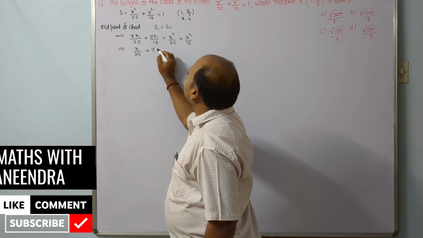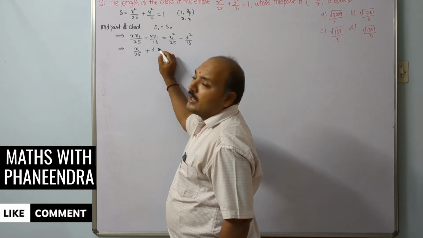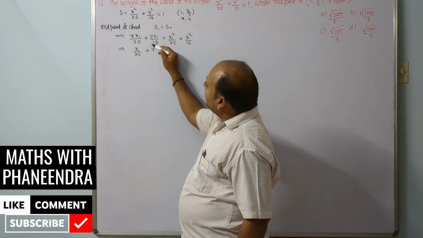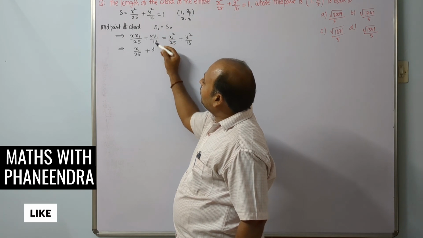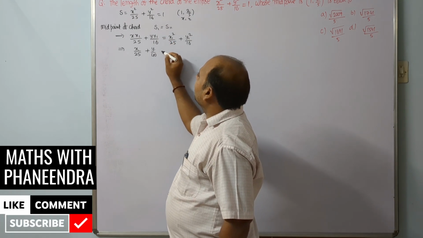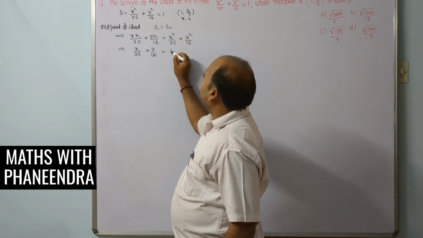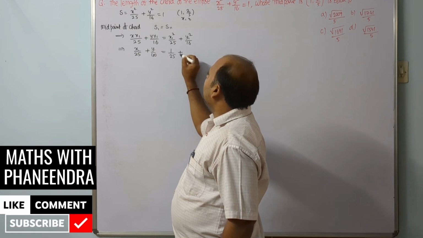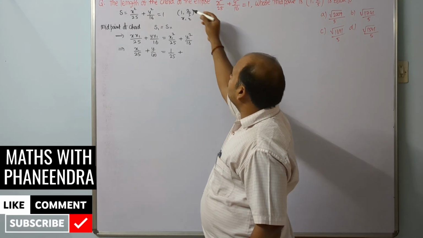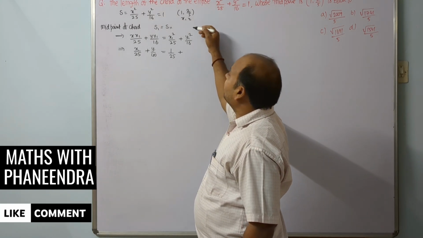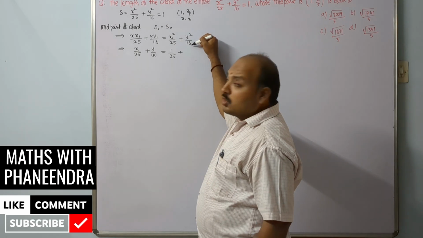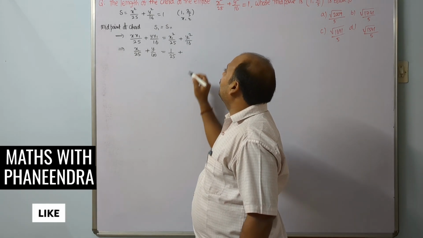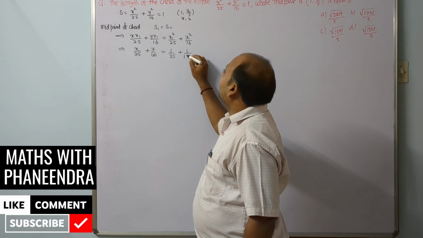So can I write directly? 2 by 5 means 2 ones are 2, 8 is 8 into 5, 40, is equal to x1 value is 1 by 25 plus y1 squared. So 2 by 5 whole square means 4 by 25. So 4 ones, 4 fours, 25 into 4, 100.